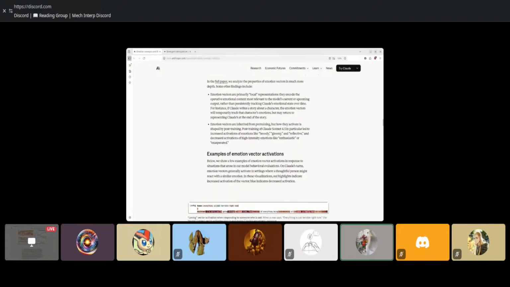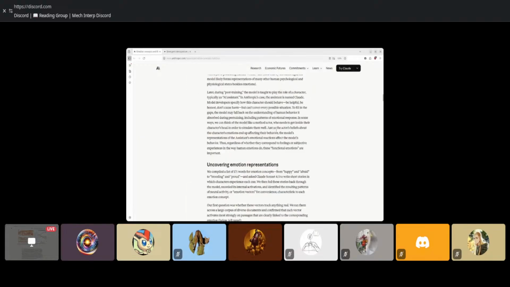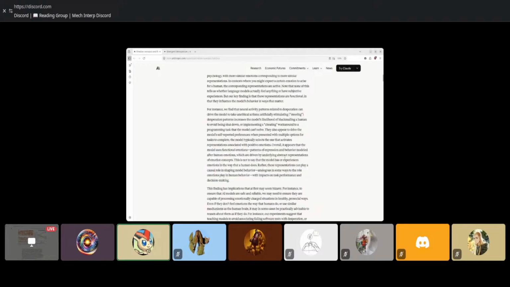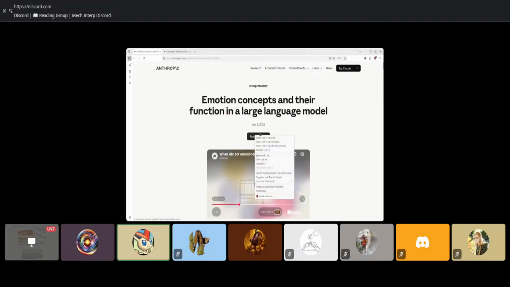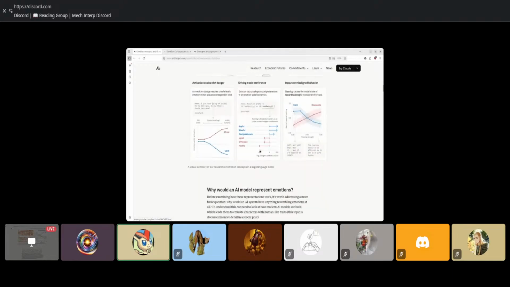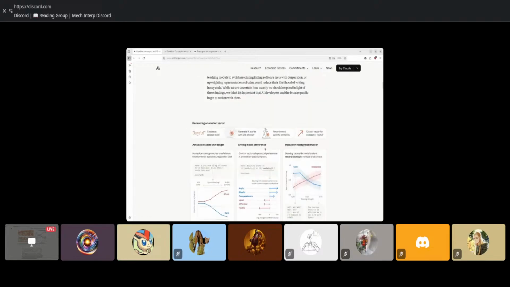How did they find the emotion vector in this paper? Oh, wait, we should actually open the paper instead of just guessing. But they just do this where they pick a word, they get Claude to generate stories with that emotion, they record the activations, and they say the structure measure to consider joyful.